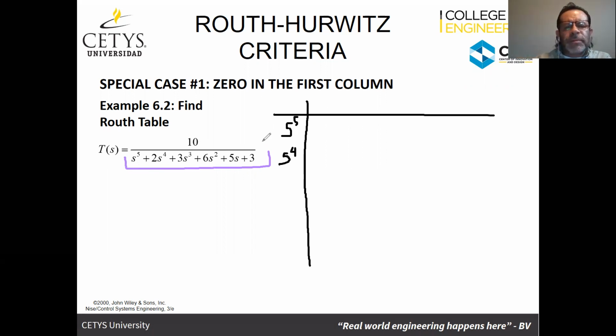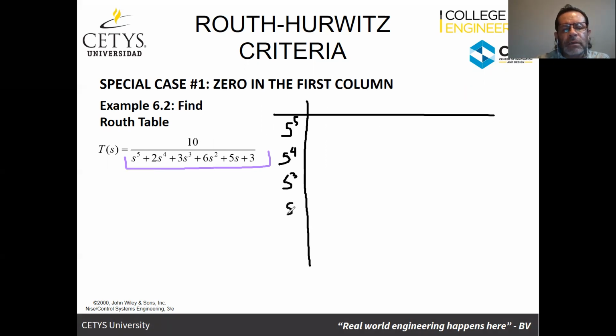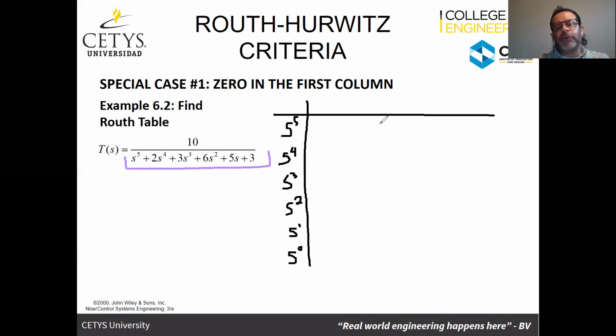please be patient with my writing. This is an S, by the way, not a 5. S to the 3, S to the 2, S to the 1, and S to the 0. For each of these, we're going to establish the coefficients that we've got here.